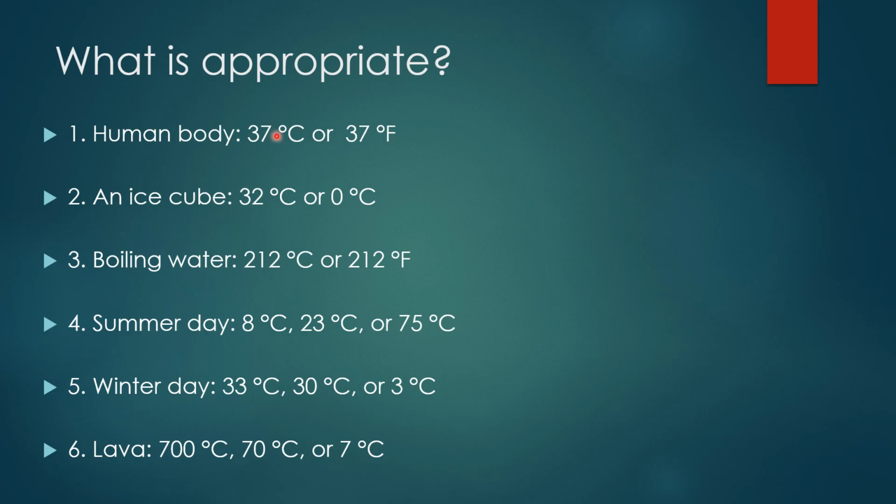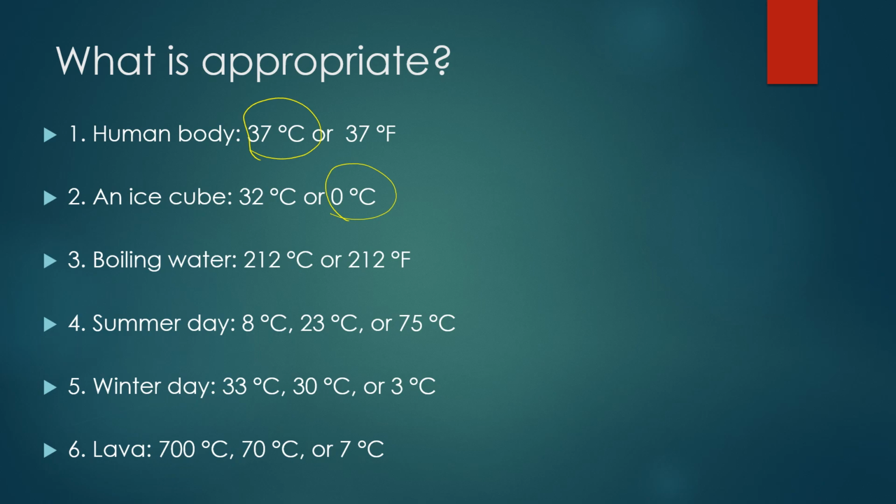So between these two, it would make sense that the human body would be 37 degrees Celsius. Because remember, 32 degrees Fahrenheit is freezing. Ice cube. Which one would be more appropriate? Based on the previous slide, we would say that 0 degrees Celsius would be the temperature of an ice cube.